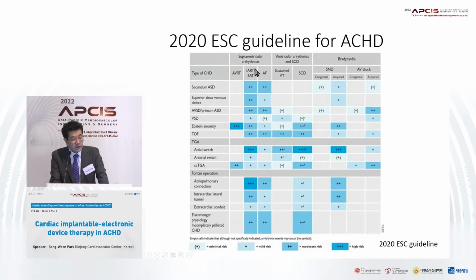There is SVT, ventricular arrhythmia, and bradycardia. Sinus node dysfunction is usually seen in Ebstein anomaly, atrial switch operation, atriopulmonary connection, and intracardiac lateral tunnel, and AV block is more common in ASD and CCTGA.